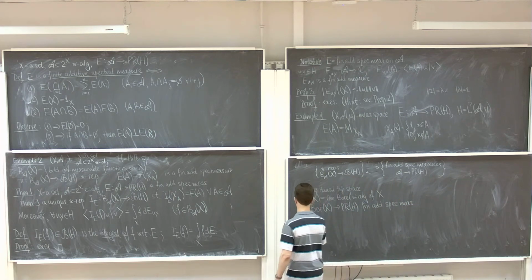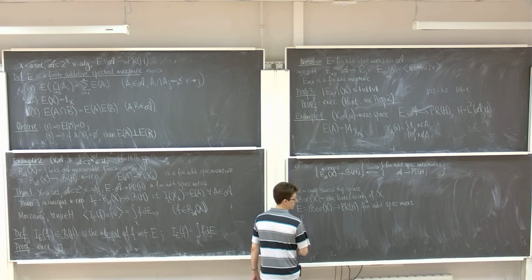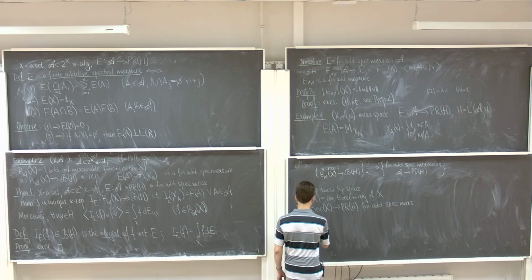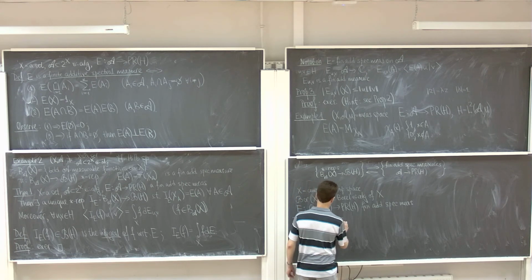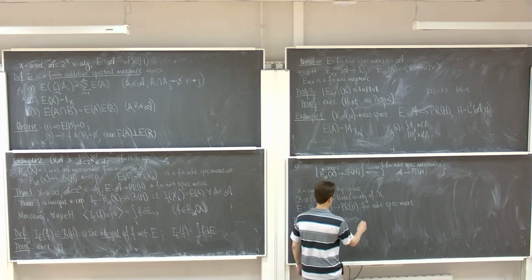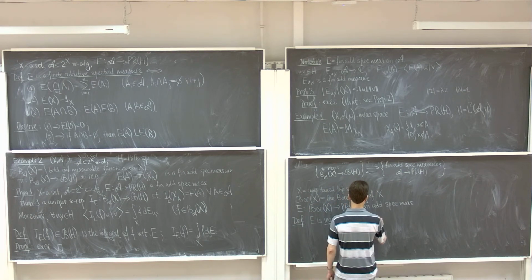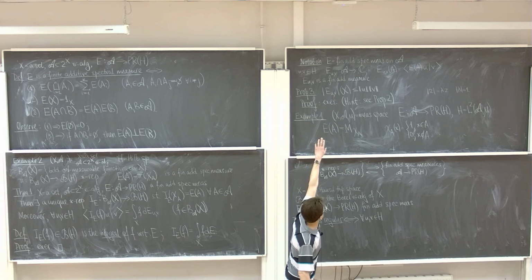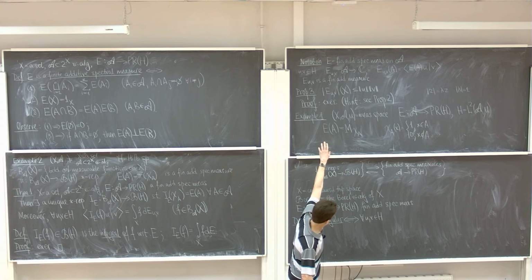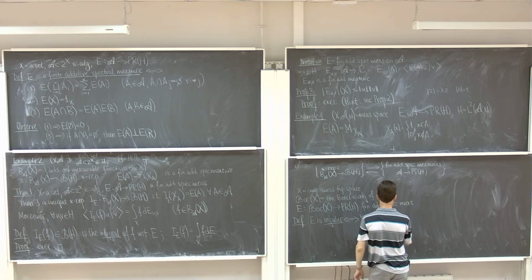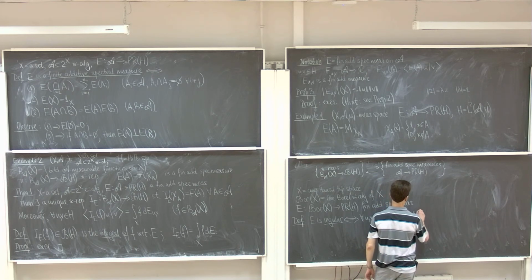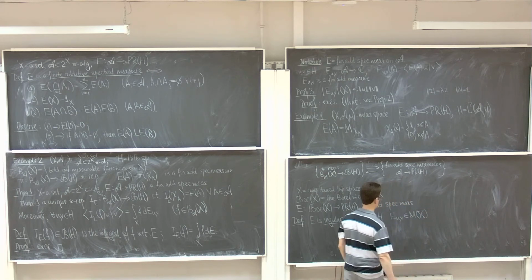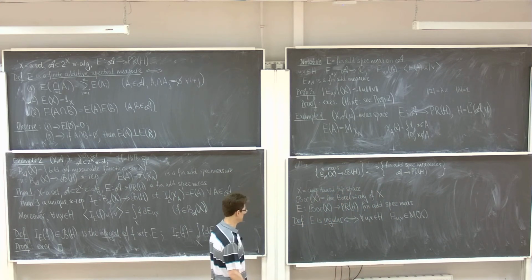We give the following definition. We say that E is regular if for each pair of vectors U and V in H, the respective complex measure defined here, E_UV, is a Radon measure. That is a sigma additive regular complex Borel measure.